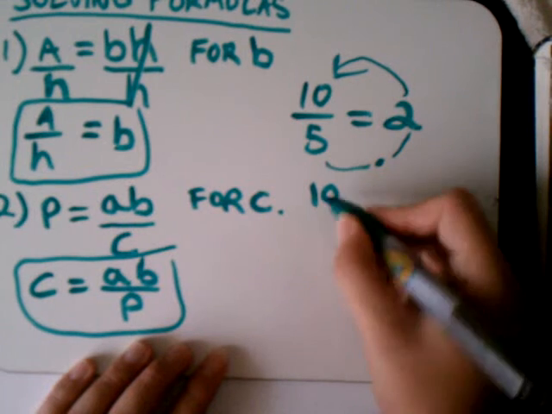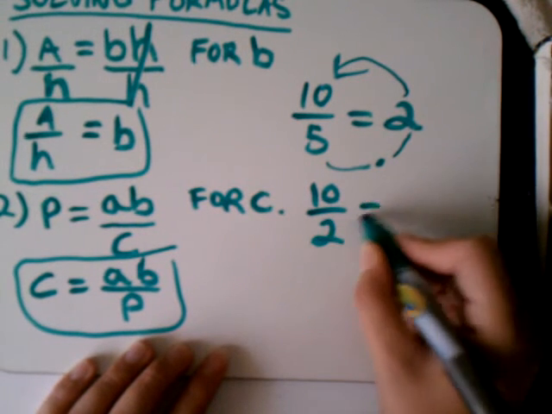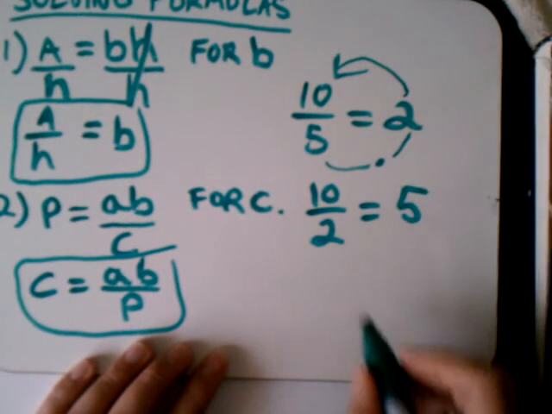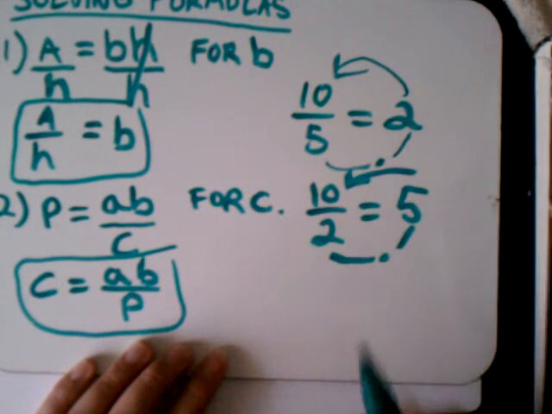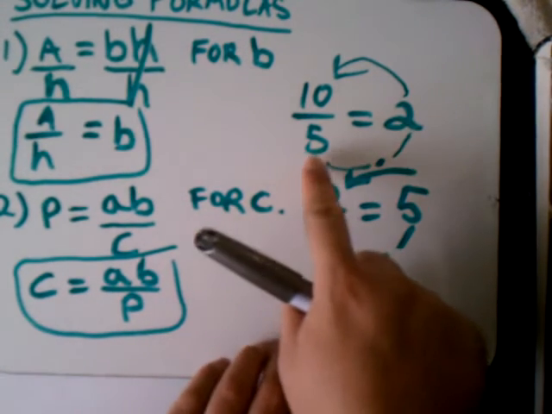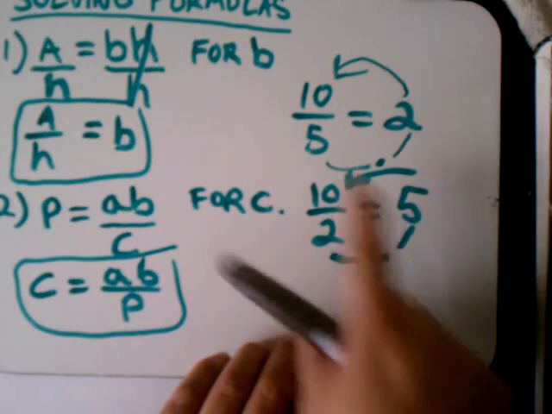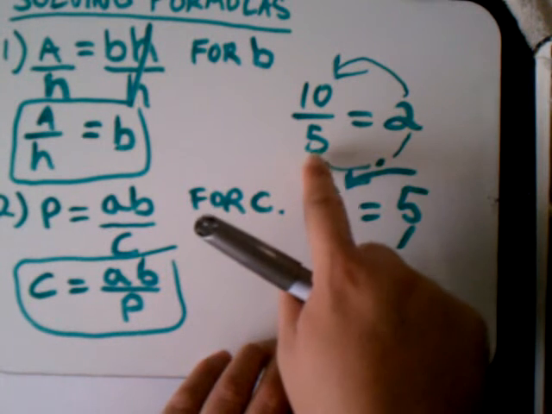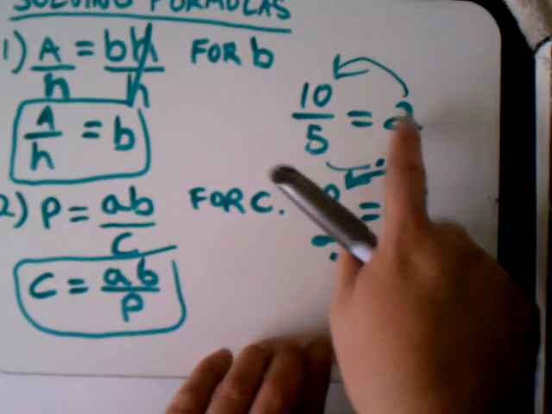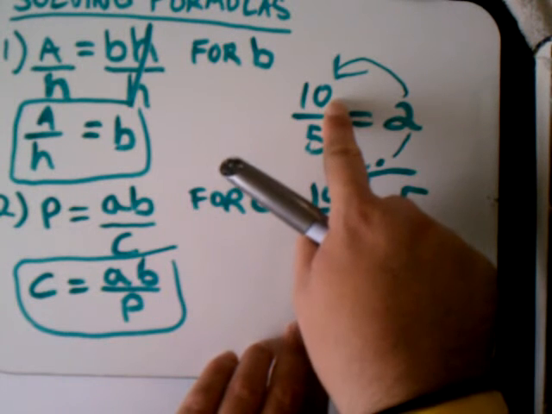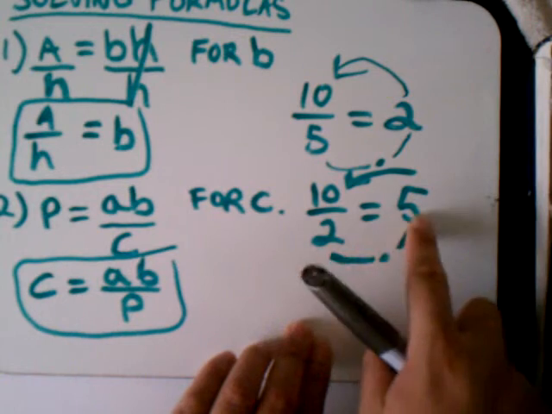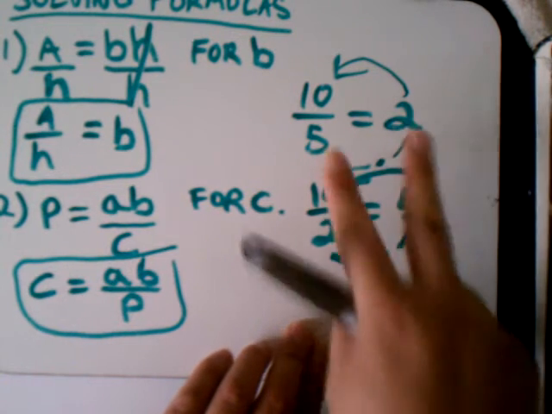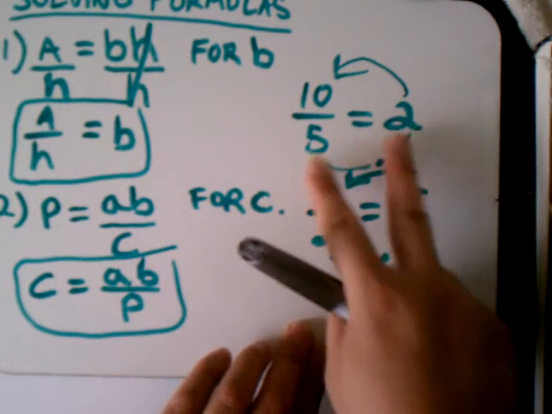Now, if you have 10 divided by 2, this equals to 5. 2 times 5 is equal to 10. Okay? So it doesn't matter if you have a 5 here or here. But when you multiply the bottom times the other side, you get the top. Okay? So 5 times 2 is the same thing as 2 times 5. That's why you can flip it around and it doesn't affect anything.